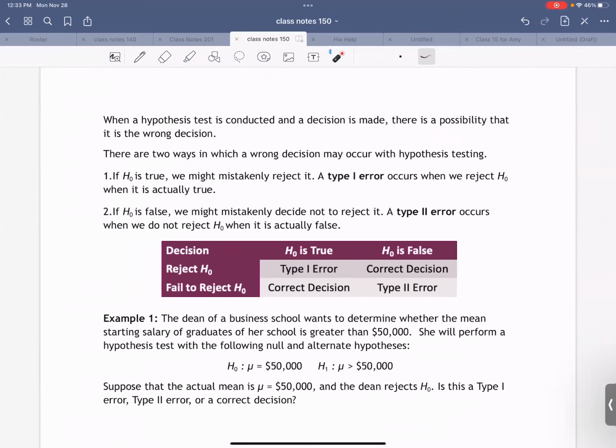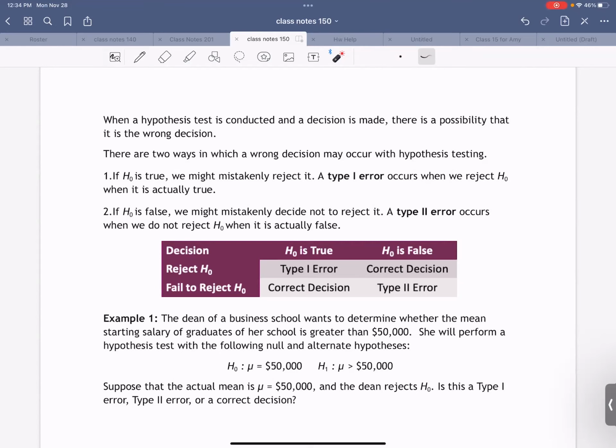One thing we haven't talked about that much in statistics is the possibility of saying the wrong thing, making an error. And statistics is different than other branches of math. In algebra or calculus, usually you get an answer and you know that's the right answer, right? In statistics it's a little bit different because you're getting examples from the real world. It's more subjective, and sometimes your answer just isn't the right answer in terms of reality, right?